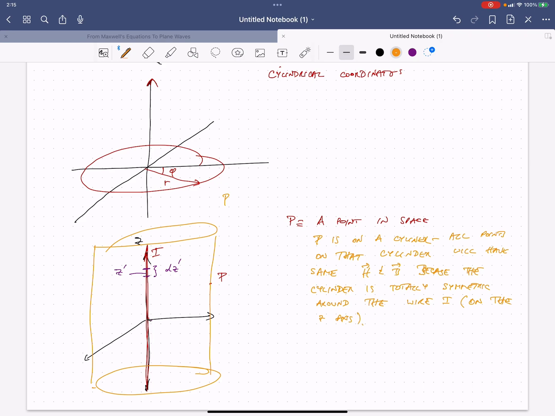It's no coincidence, because we defined that cylinder, so it's fully symmetric.